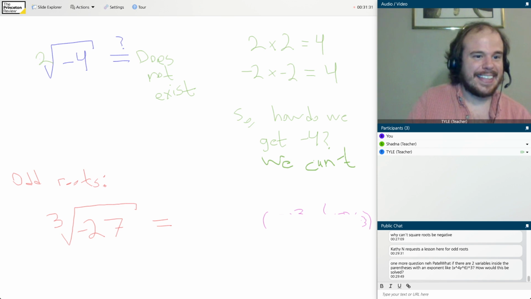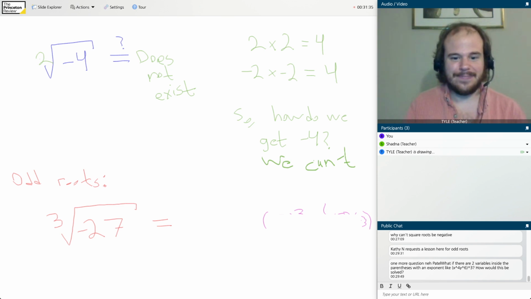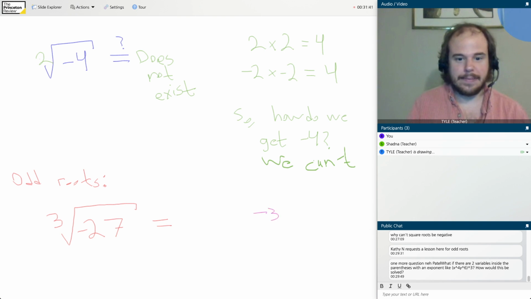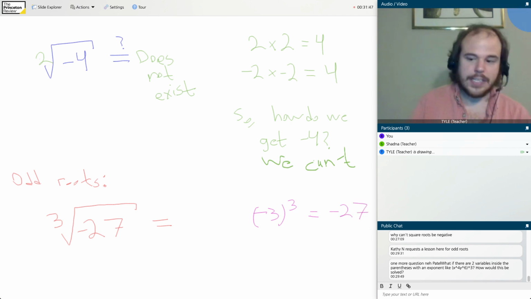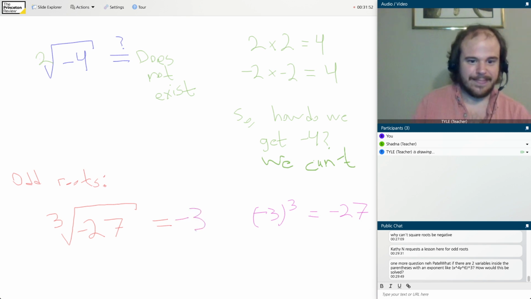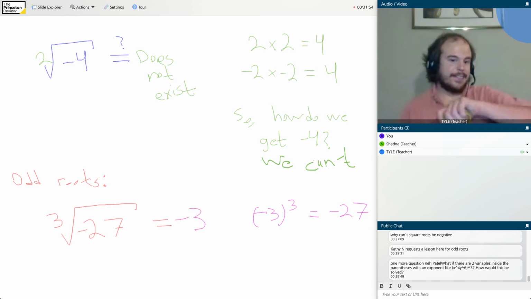When you multiply them together, you do indeed get -27. So -3 cubed does give you -27 because two of the negatives cancel and the third one is left over. So the cube root of -27 is just -3.